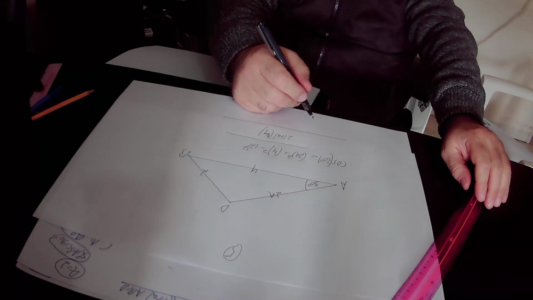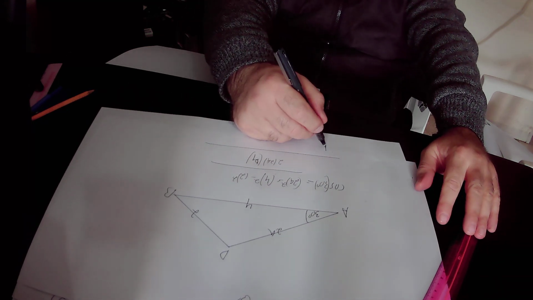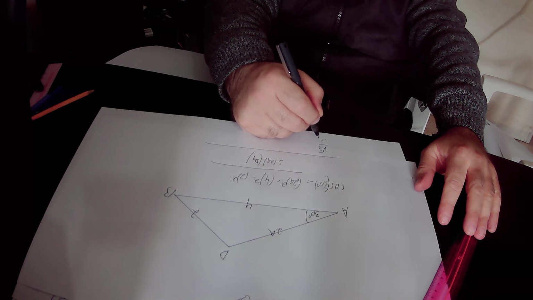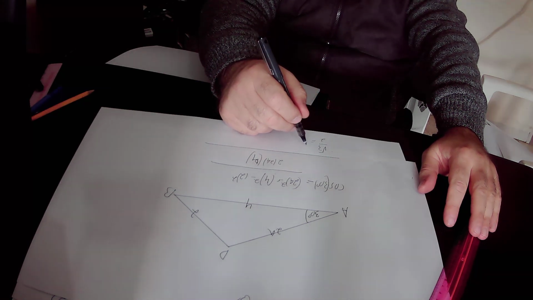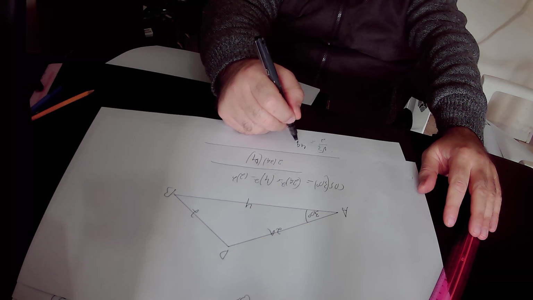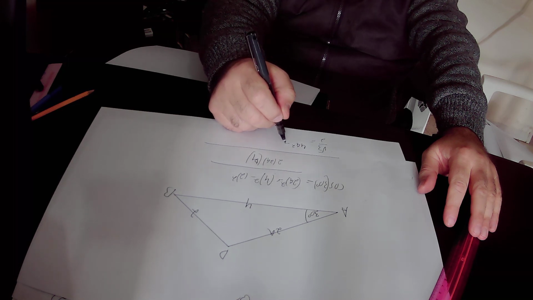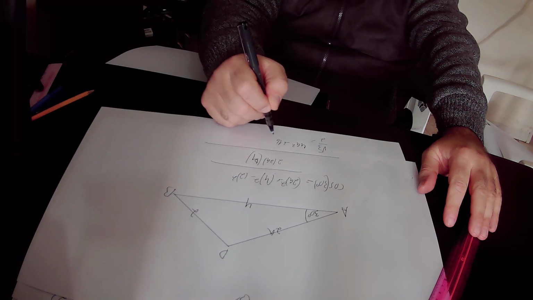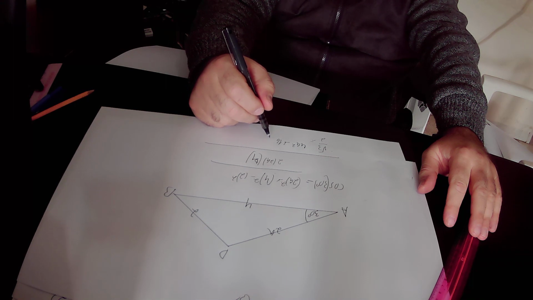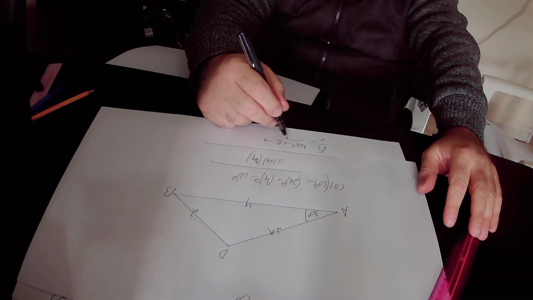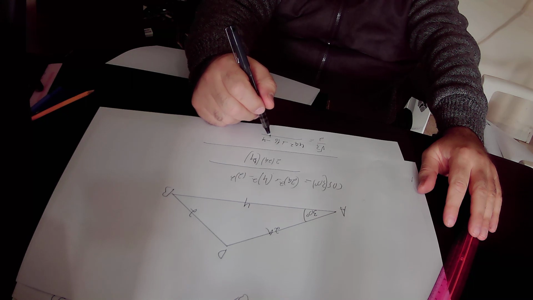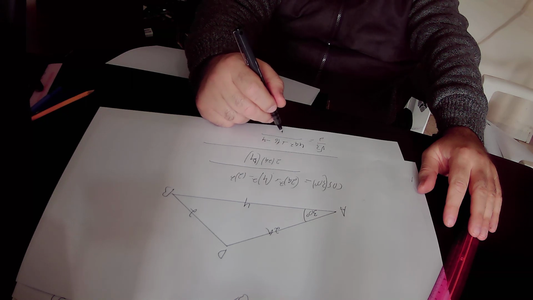So here we know that cosine 30 degrees equals square root of 3 over 2, and it equals 2a square is 4a square, plus 4 square is 16, minus 2 square is minus 4, over 2 times 4 is 8, 8 times 2a is 16a.